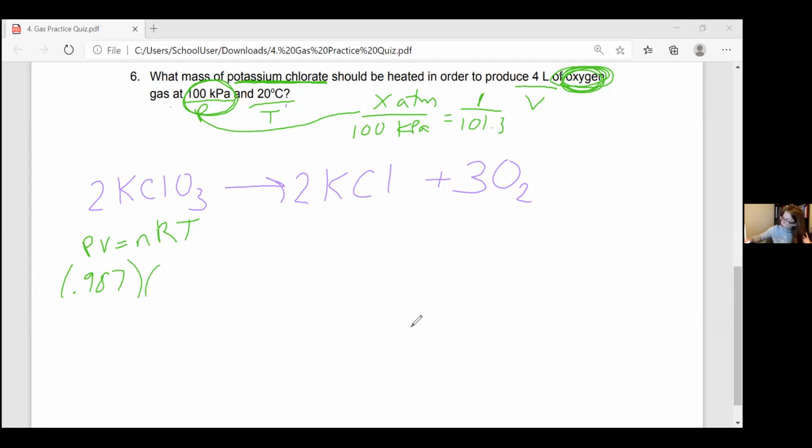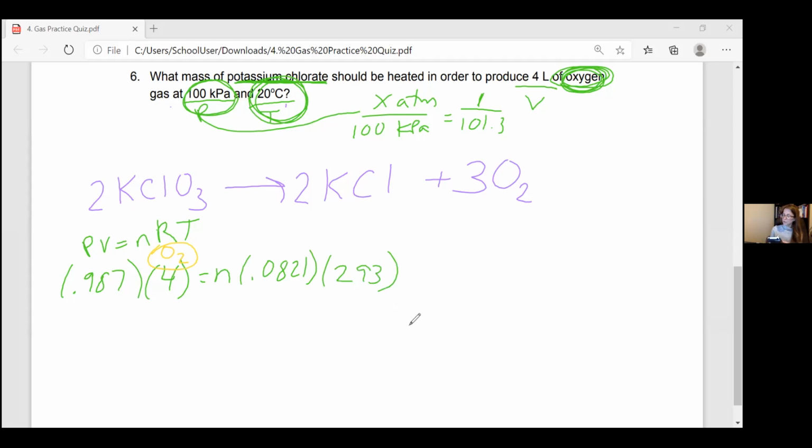We know my volume is in liters. That's good for this formula. The volume is of oxygen. That'll be important to keep in mind for when we want to know what we're finding moles of. Looking for moles, R is 0.0821, and the temperature is 20 Celsius, but we have to add 273.